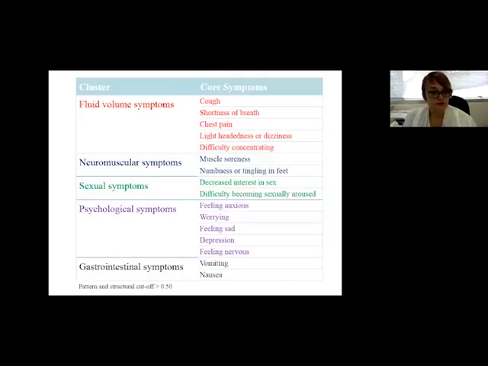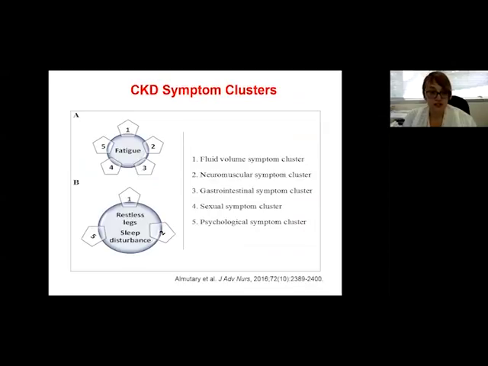Well, what we found was fatigue didn't fit into one symptom cluster, which is really unusual. It actually fitted in all 5 symptom clusters. If you think back to my earlier slides, fatigue, feeling tired and weak, was the most common symptom coming through. It was prevalent, it was distressing, it was frequent, and severe.